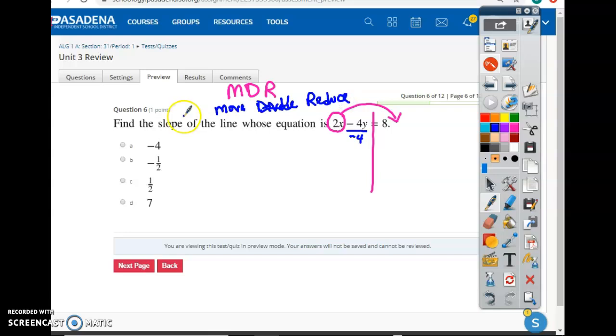Because it's asking you for the slope, and slope has the x. Remember, it's y equals mx plus b, and it's the one that has the x next to it. Okay, so solve for y, and tell me what the slope is.